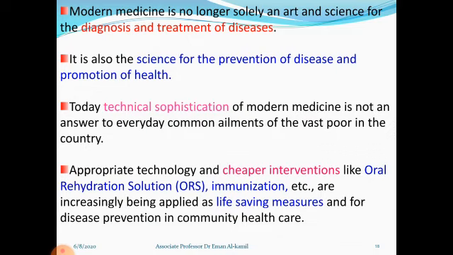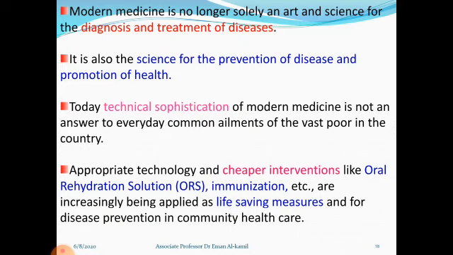So we are concerned not only with the use of different technical procedures in the diagnosis of disease, but also with simple procedures in the treatment of certain health problems, such as oral rehydration therapy, which is used to maintain hydration in dehydrated children in order to prevent dehydration, which was the main cause of death in diarrhea.